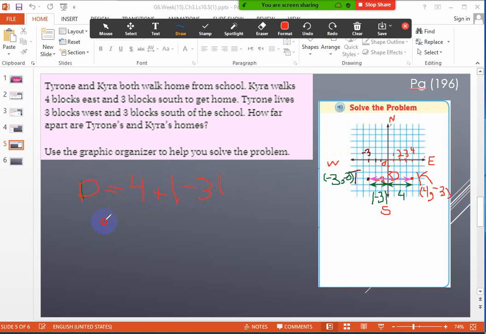The absolute value of -3 is 3. That means 4 plus 3 equals 7 blocks. This is the distance between those points, and this is the solution.